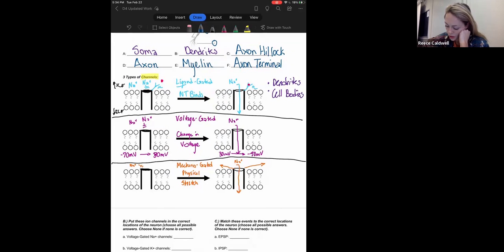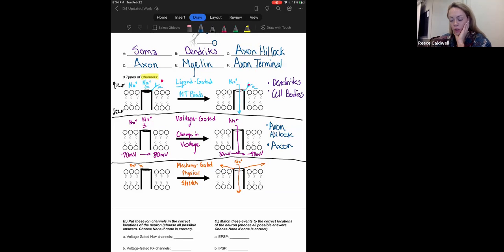The voltage-gated channels we see at the axon hillock and axon.